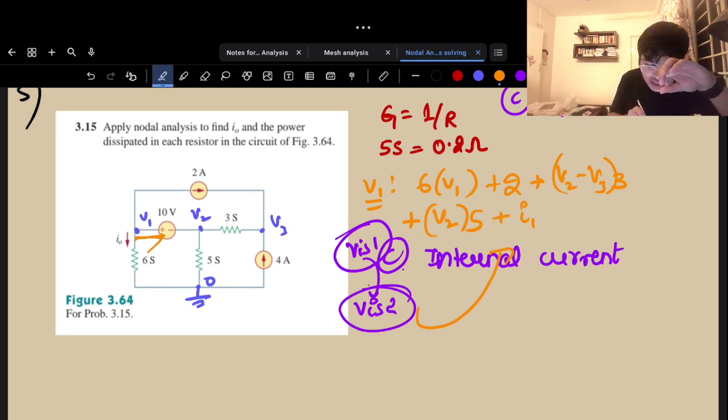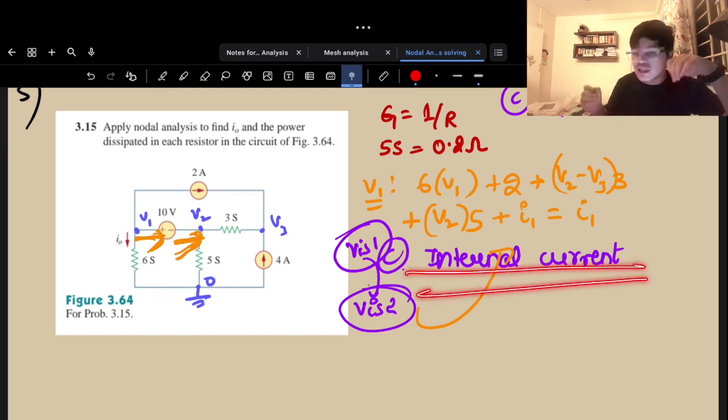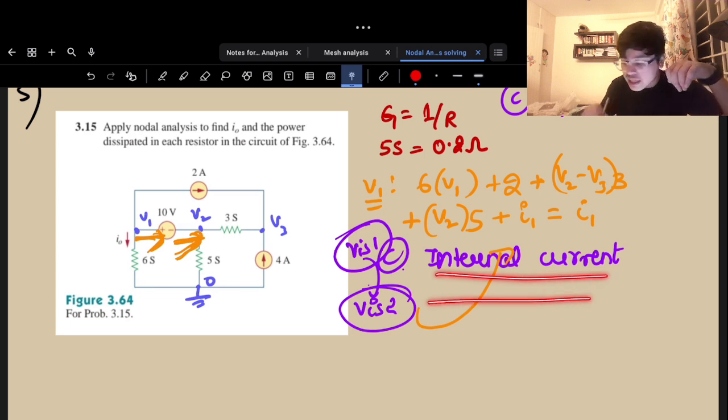Since I1 current is going through here, that implies that I1 was entering here. My bad. If I1 was leaving V1, then it implies that I1 was entering V2. So simply write I1 here also. This current is leaving the region and this current is entering the region, so they are getting cancelled. That's what I meant by internal current. You can simply neglect the internal current.